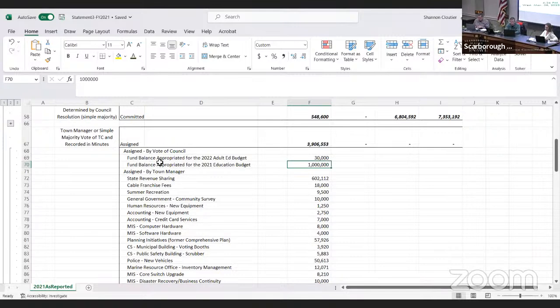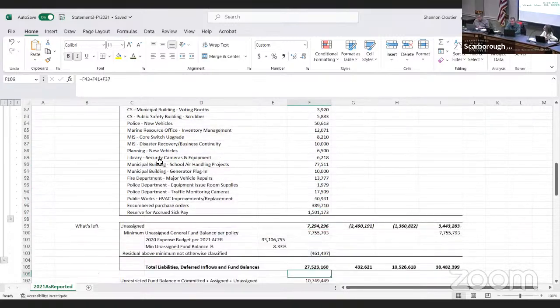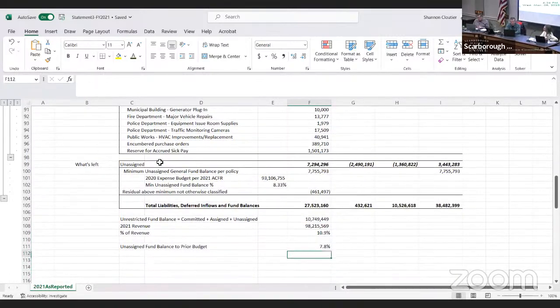What I am understanding from Norm's presentation is if I hit delete, and I think it would require an action of council to actually delete it, then that can get us much closer to our fund balance target.